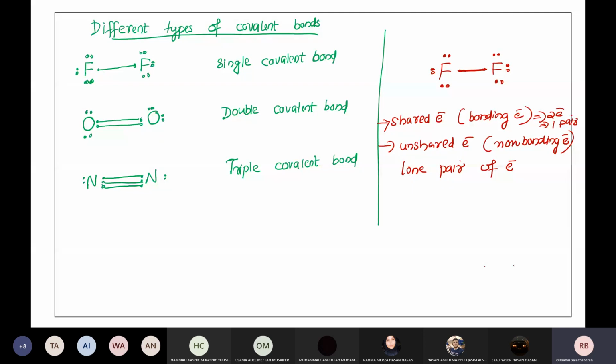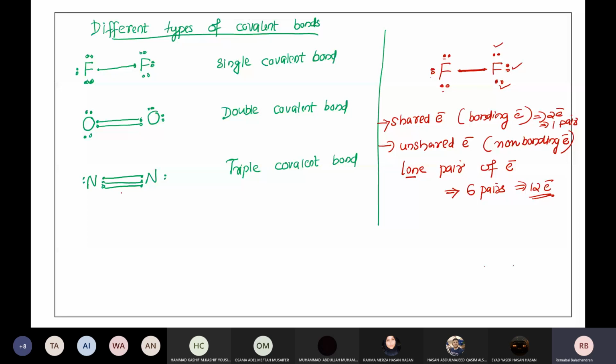But mostly we use the term lone pair of electrons. How many lone pairs of electrons are there in this case? There are 6 pairs, 1, 2, 3, 4, 5, 6 pairs, or 12 electrons. Did you understand?